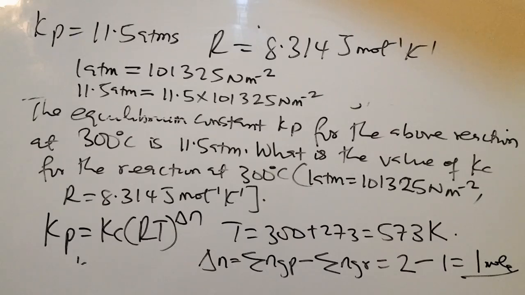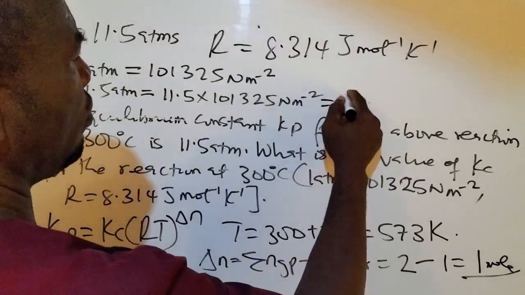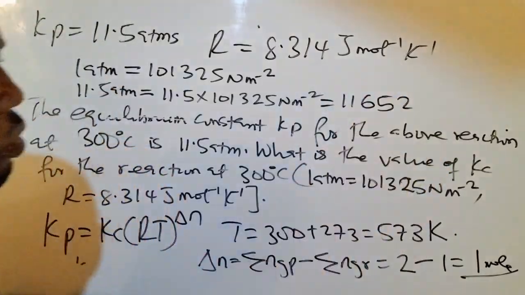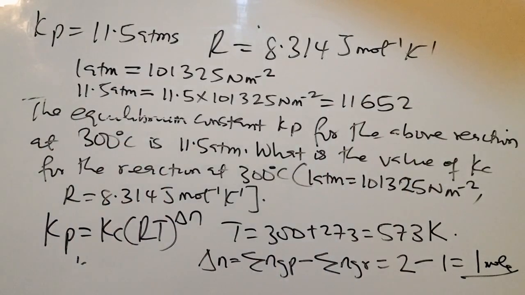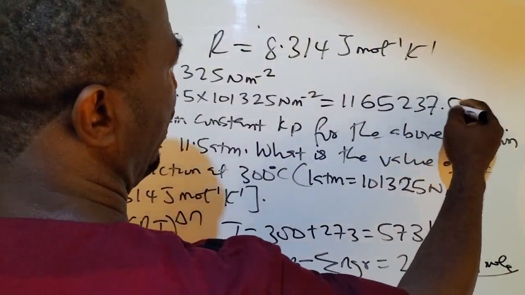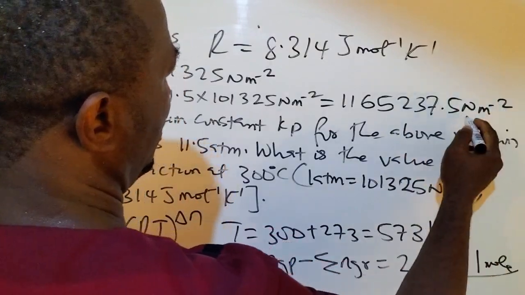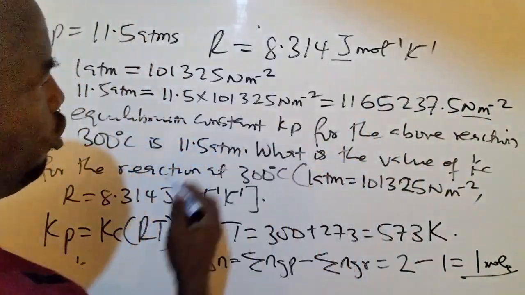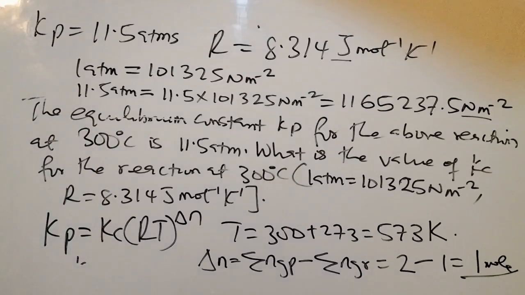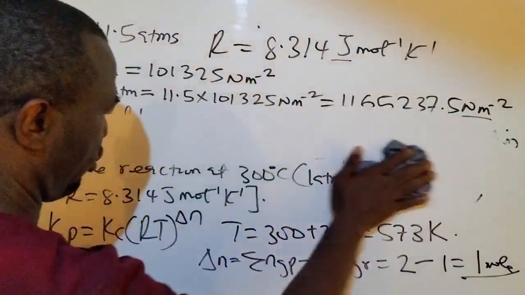You multiply the two and get what you need. That gives us 1,165,237.5 Newton per meter squared, so that it is in the same standard unit as the joule. When you have done that, you can then embark on your calculation.